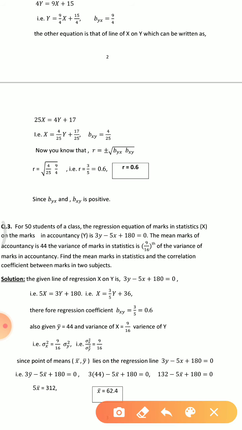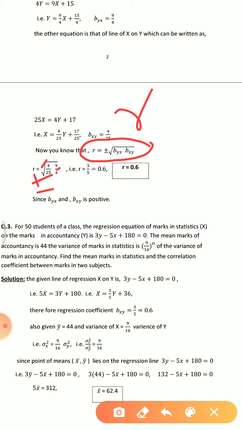Now, using b of xy and b of yx, we have to find the correlation coefficient r. You know the formula: r = plus or minus the square root of b of yx into b of xy. That is, r = plus or minus the square root of 4 upon 25 into 9 by 4.